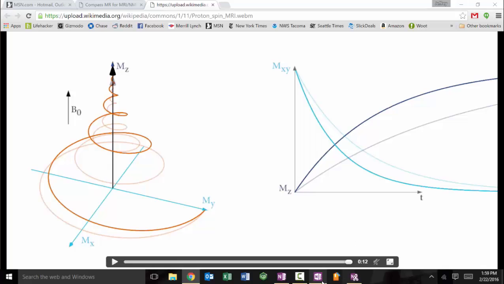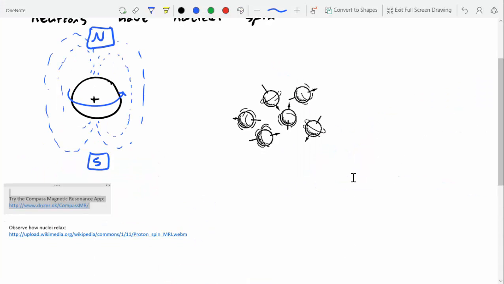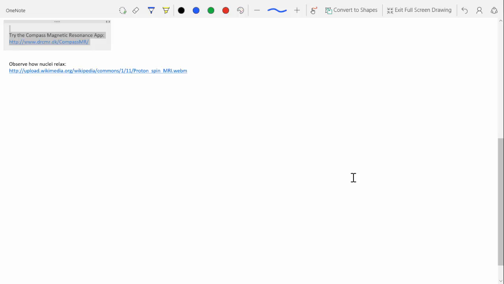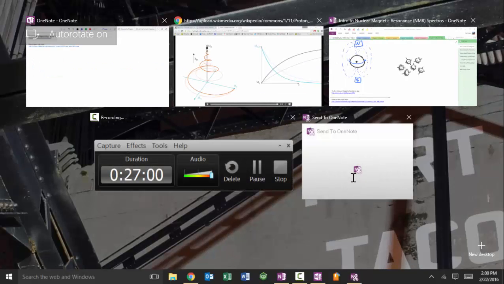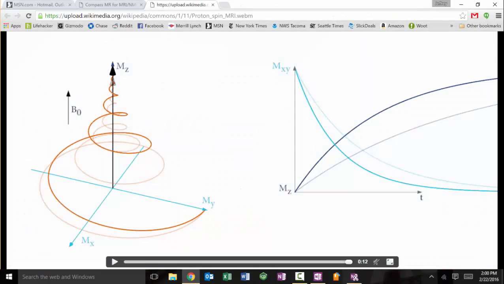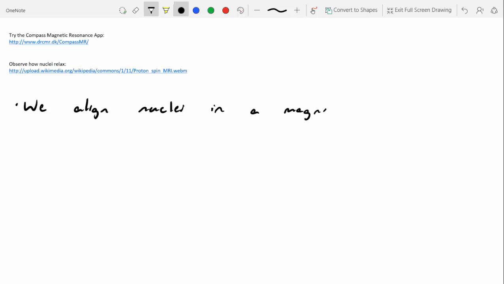I know right now it seems super abstract, but I wanted to explain the physics behind it before we get too much further. So let's go back. I'm going to delete this, and let's kind of describe what's going on. So we align nuclei in a magnetic field.